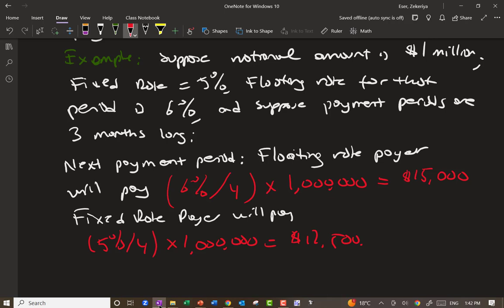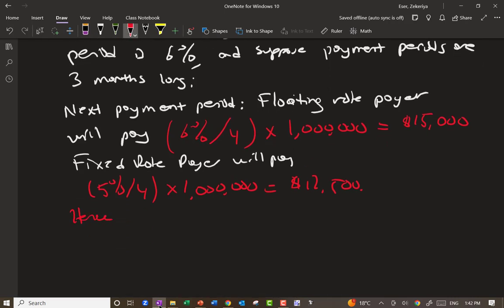So technically speaking, this is a swap of interest payments. Floating rate payer will pay 15,000, receive 12.5. Okay. Well, there's no point of sending money back and forth.